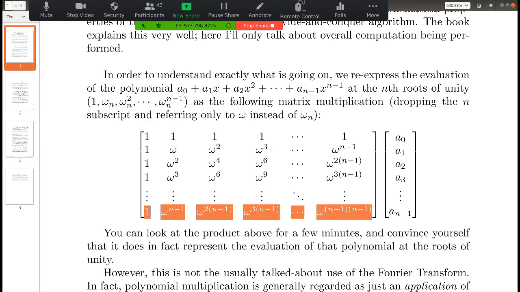So if we take this matrix multiplication, which is the evaluation of our polynomial that we want to do, and we split it into the even and odd columns, we will get this notion that we have just the n over 2th roots of unity, and some of them are going forward, some of them are negative and they're going backward, and we can do all of this just by evaluating something at the n over 2th roots of unity a couple of times.